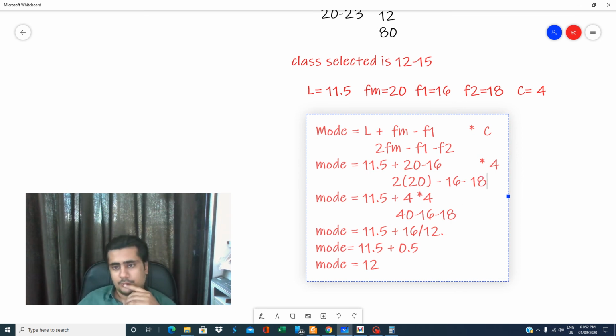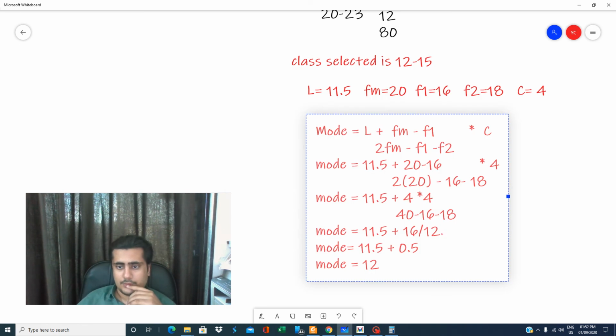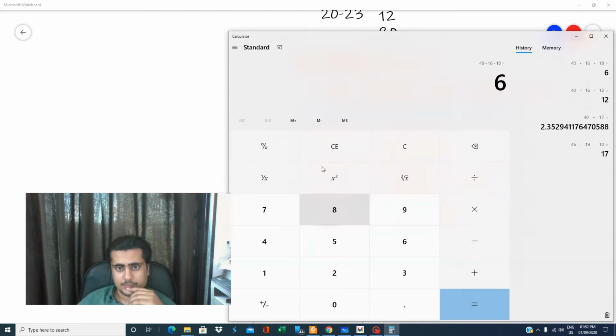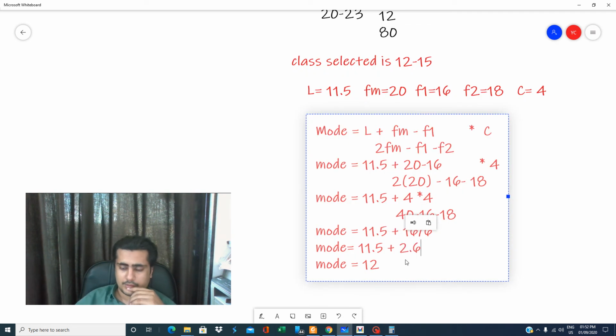So 4 into 4 is 16. 40 minus 16 minus 18. So here it is 6. 16 upon 6 is 2.67.